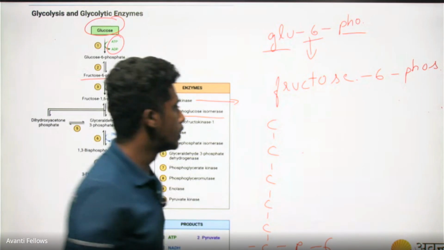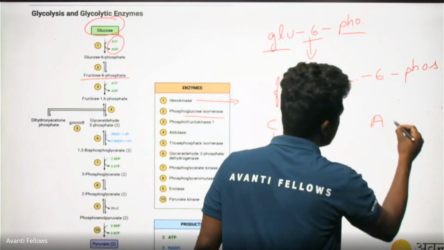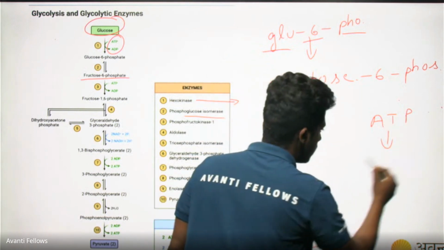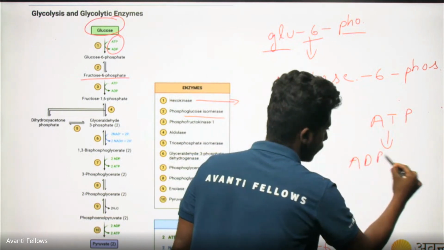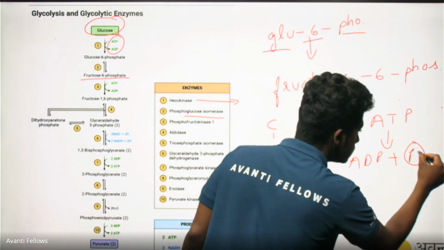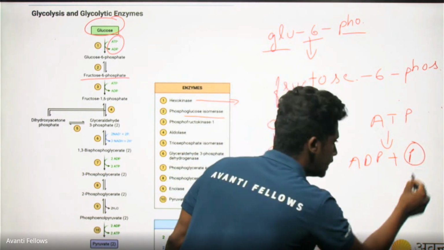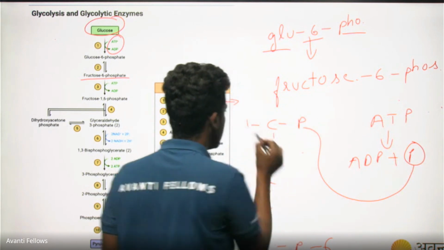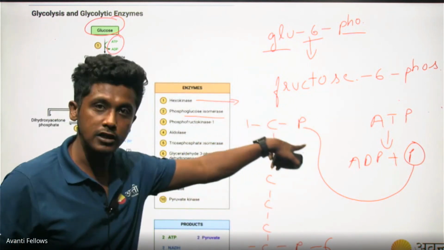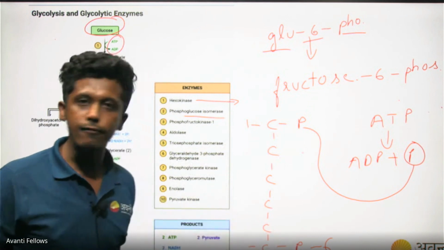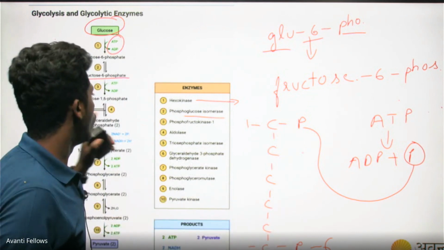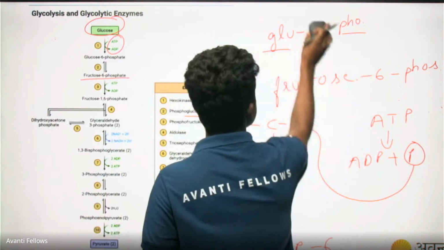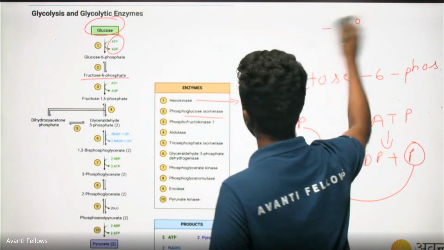Now the cells will invest one more ATP, where ATP will be converted into ADP plus phosphate, and whatever phosphate they get, they will attach it to the first carbon atom. Now you see the first carbon atom also has phosphate, and the 6th carbon atom also has phosphate. For this process, another enzyme is needed, called fructokinase 1.